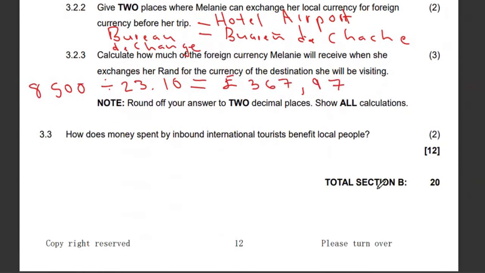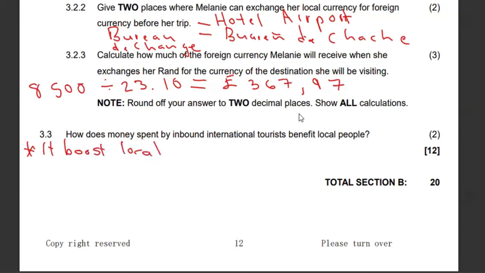So how does money spent by international tourists benefit local people? There are so many ways in which money spent by tourists benefits local people, so I will outline it below. The question reads, how does money spent by inbound international tourists benefit local people? The first thing, it boosts local businesses.